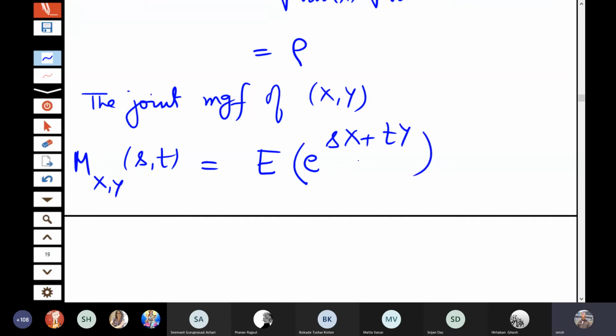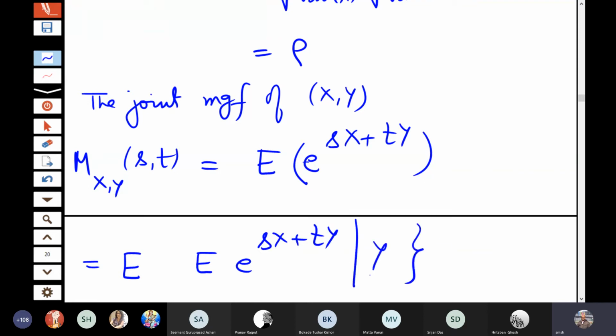Again you can see that this is nothing but the expectation of a function of two variables. So I can use the same property, and I will do it iteratively. I can consider it as expectation of e to the power sx plus ty given y. I have already exhibited one type of calculation, so let me do the other way here. The second expectation is with respect to the marginal of y.